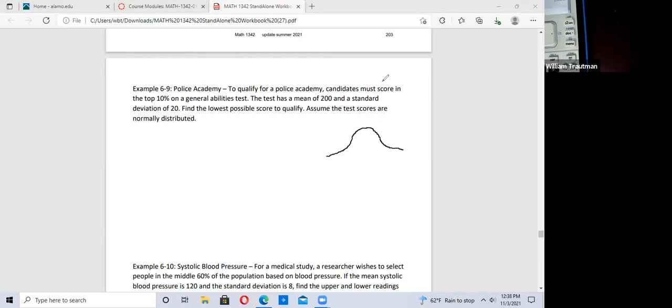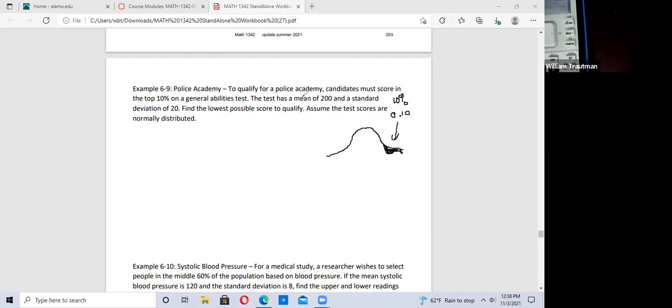It says candidate must score in the top 10%. So if I look at this, the shaded in has to be the top 10%, or 0.10.